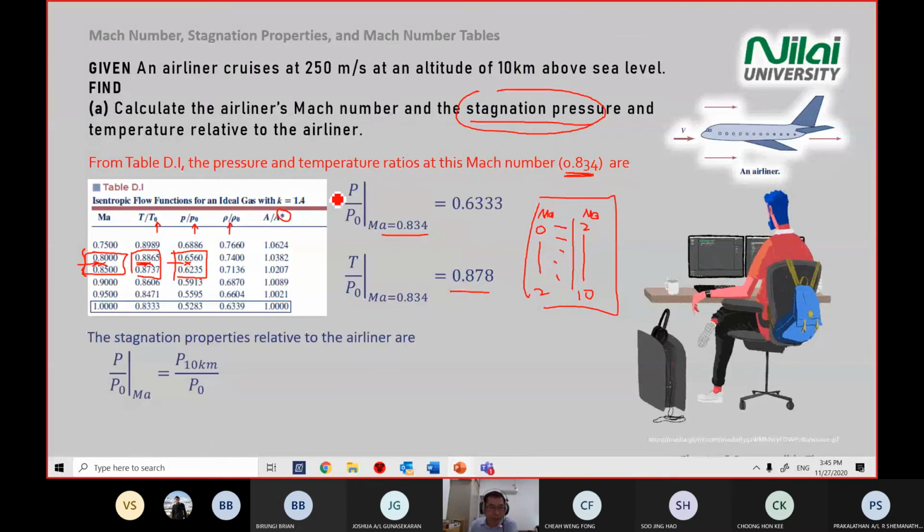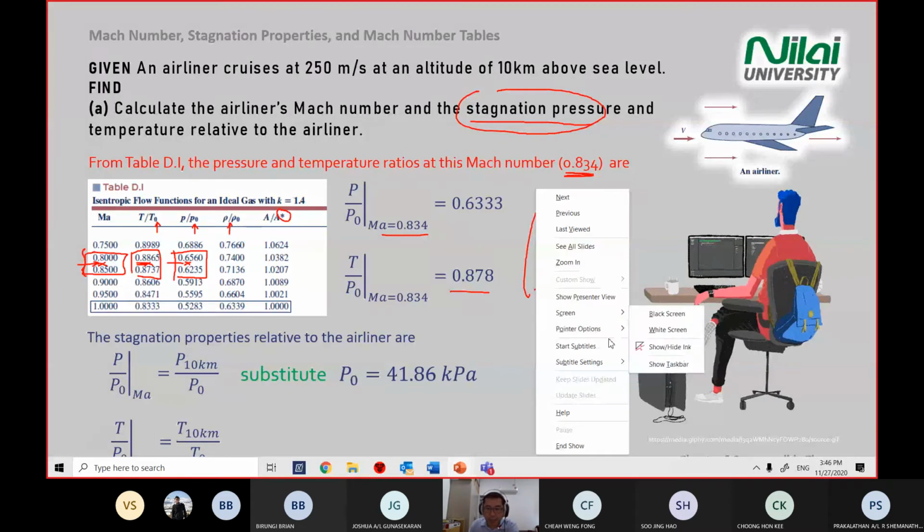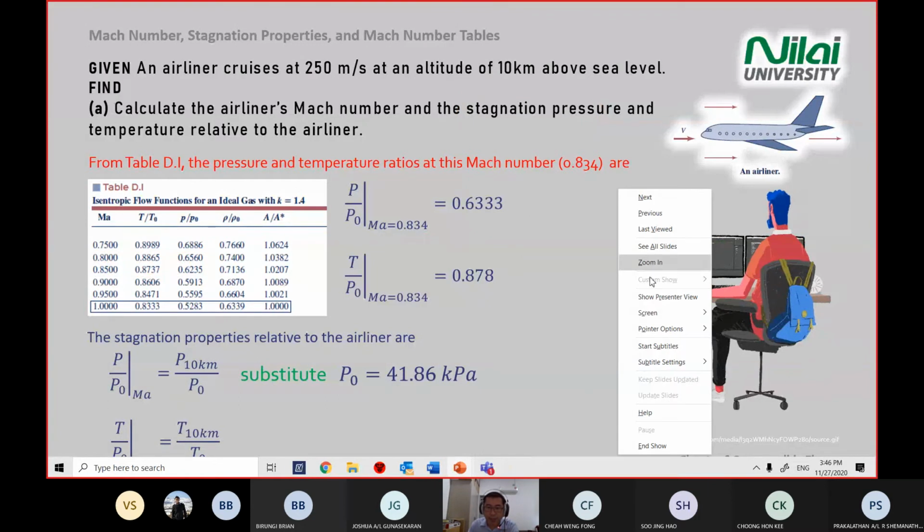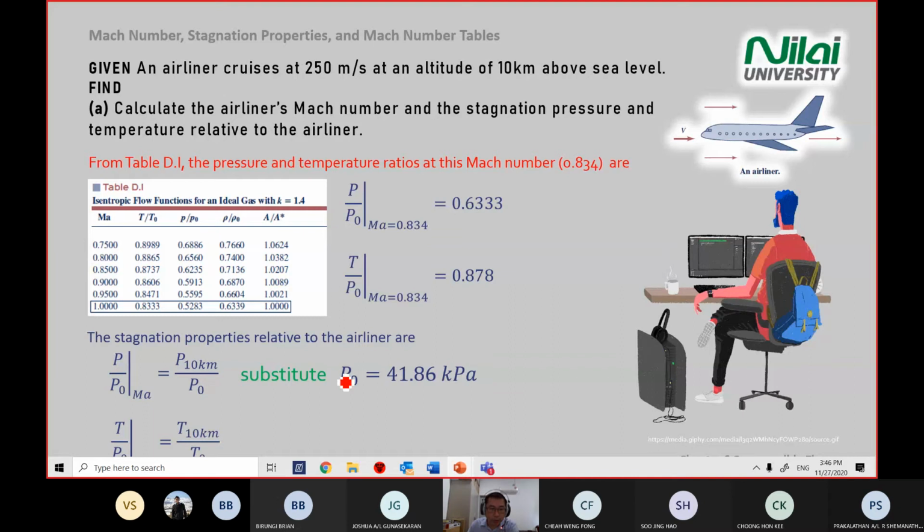So again, I show you the steps. We will use this equation. We know the pressure, let me write it in a form so that you can understand. So how do you get this one?